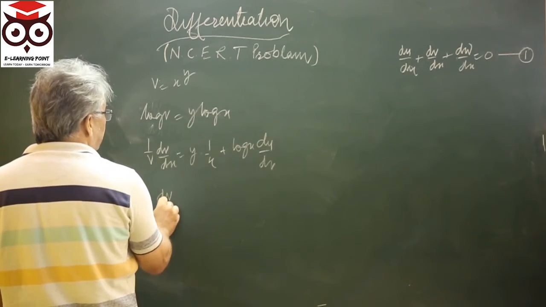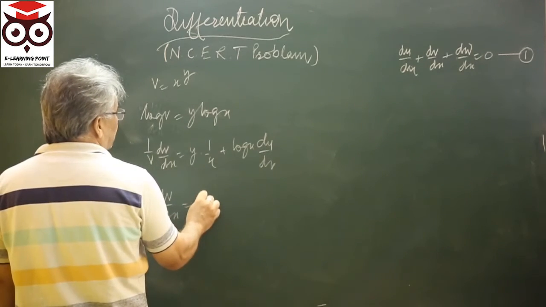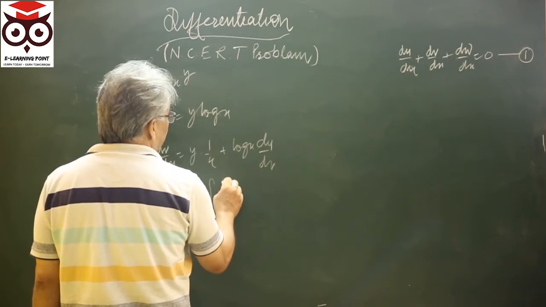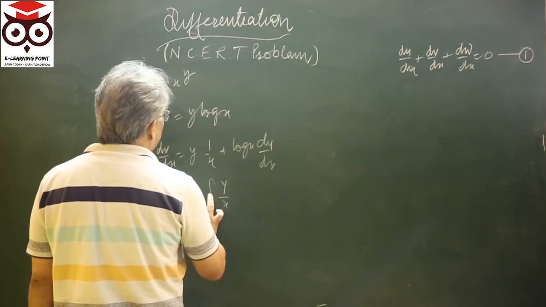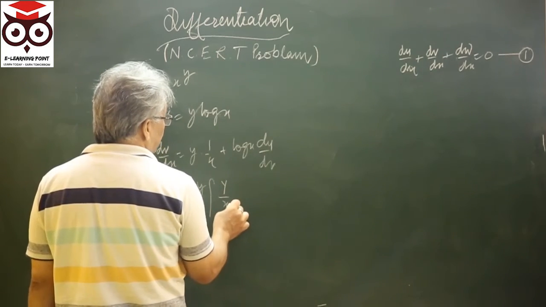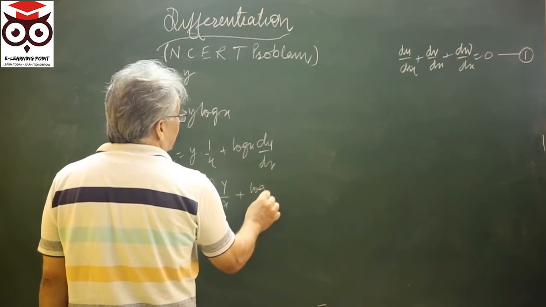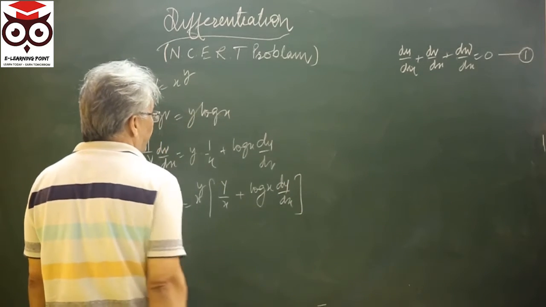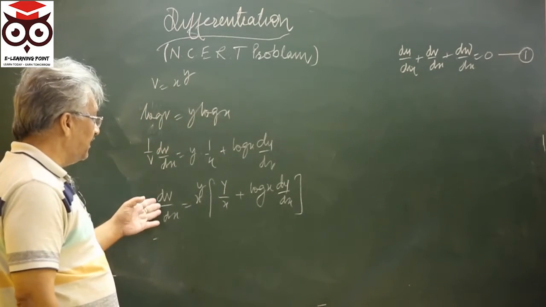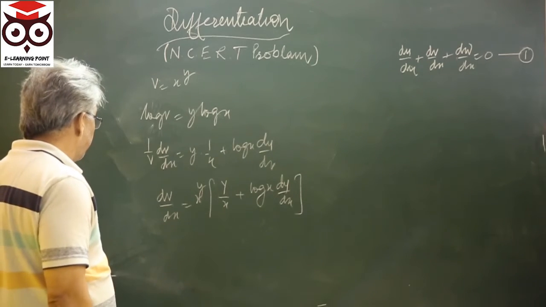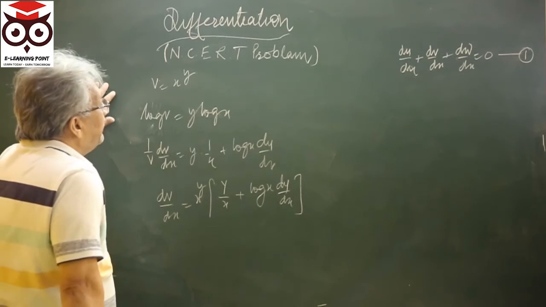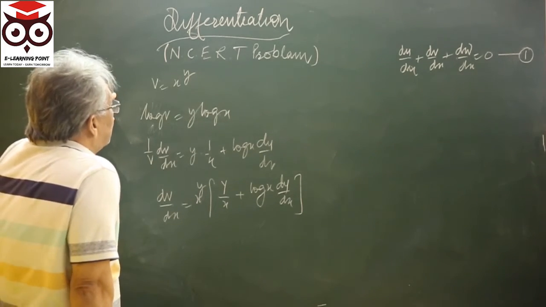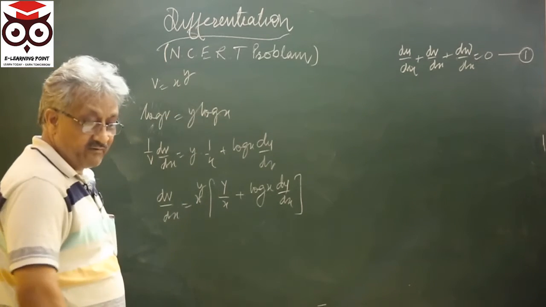So this is dv by dx is equal to v, y by x. In place of v, I will write down this, plus log x dy by dx. So this is the value of dv by dx, right? So this is nothing but the differentiation of v function.